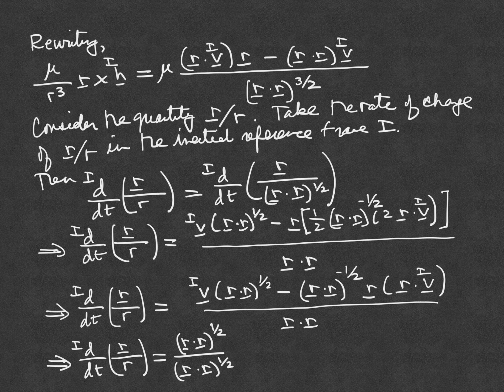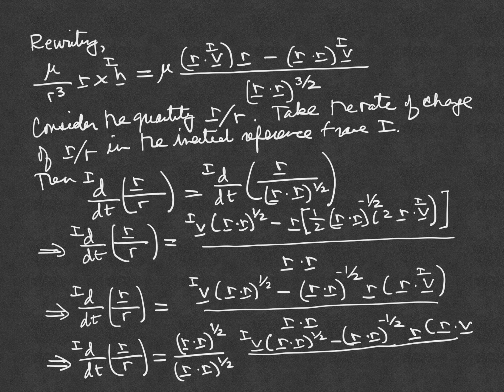And then it's multiplied by the original fraction, which is VI times r dotted with r to the 1/2, minus r dotted with r to the minus 1/2 times the position r times r dotted with VI, all divided by r dotted with r.